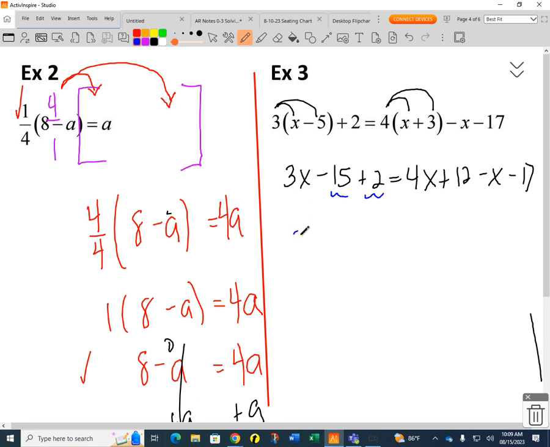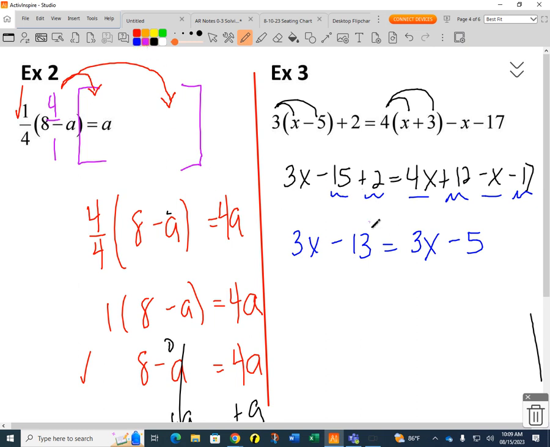So the 3 times x comes down. Negative 15 plus 2 is negative 13. On the right side, if you've got multiple like terms, mark them with different notation of some sort. Now I know I need to do 4x minus x. That's 3x. And 12 minus 17, that's minus 5.